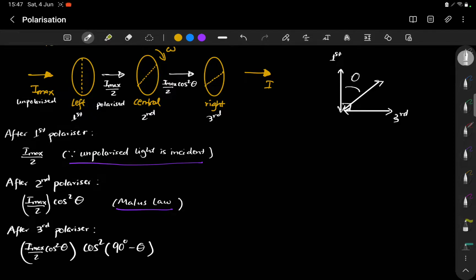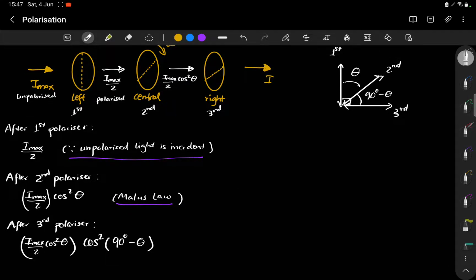This angle we are calling theta. So this is second. So the angle between the transmission axes of the second and the third polarizers is going to be 90 degrees minus theta. So that's why we have 90 degrees minus theta over here.